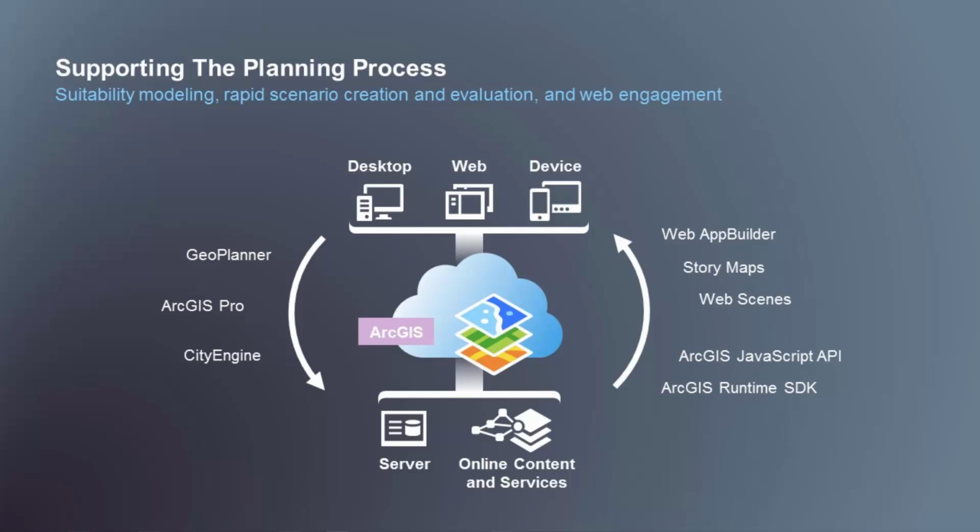With web scenes, we can start to compile interactive views, like you've seen in many of the examples today, and create web apps and story maps that tell those stories. So we have the complete workflow for not only creating and managing 3D data, but also serving it out. And for those developers on the call as well, we have the ArcGIS JavaScript API 4.0 that just got released with 3D capability, and the ArcGIS Runtime SDK as well.